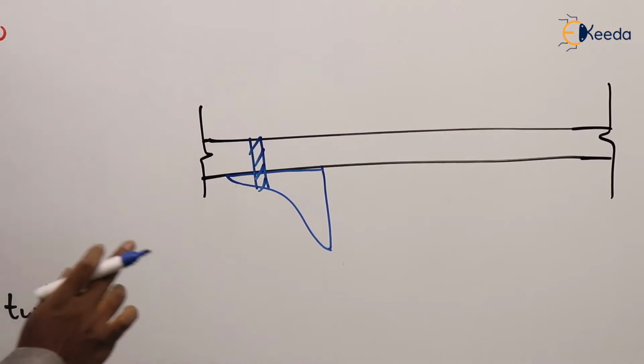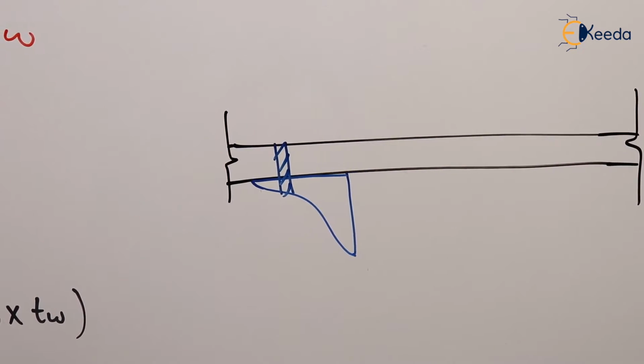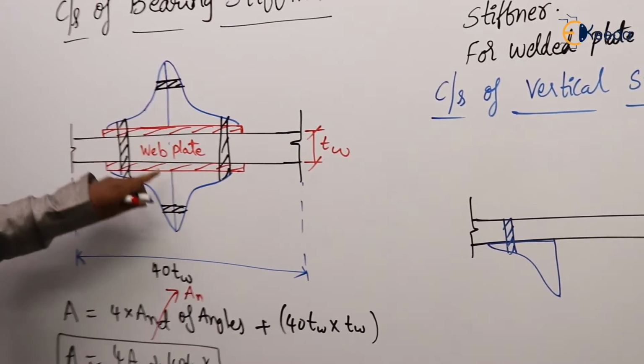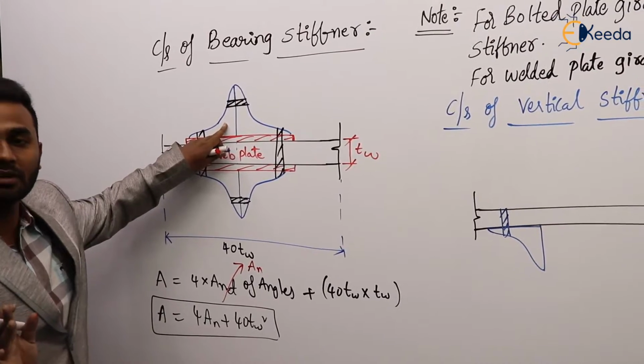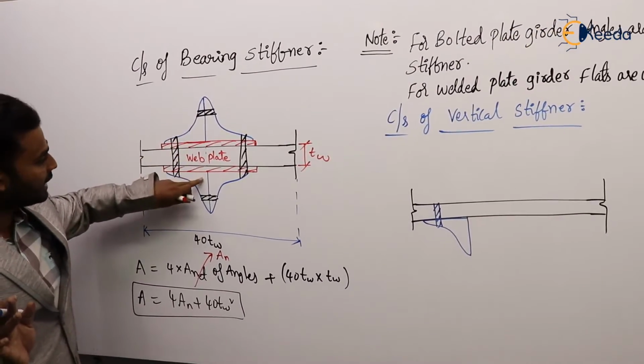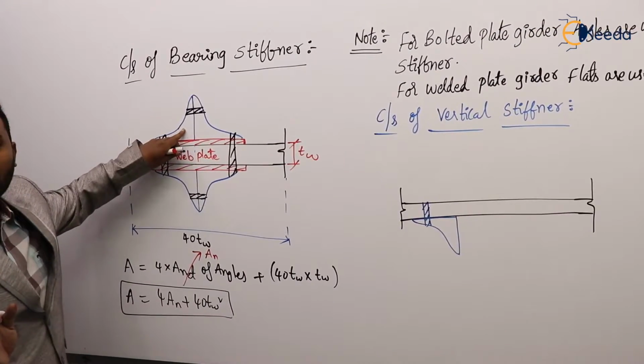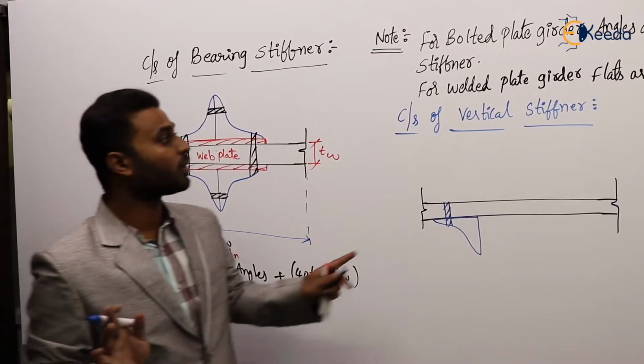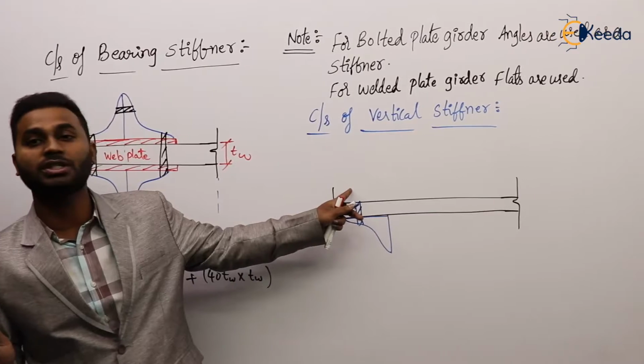Clear. So, as in the case of bearing stiffener, we are going to provide the bearing stiffeners exactly on the opposite side. On both sides of the web, the bearing stiffeners are provided exactly opposite to each other. But here, we are not going to provide the vertical stiffener exactly opposite to each other.